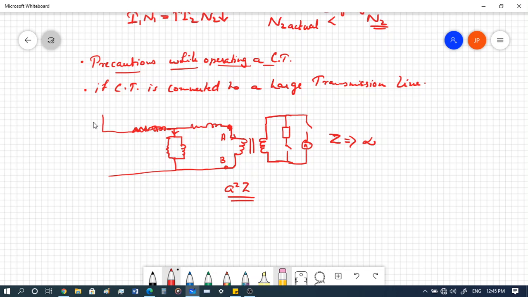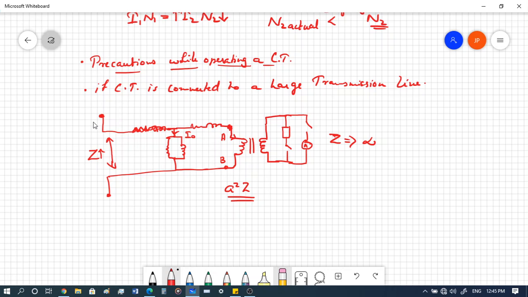And the magnetization current is over here, which is the I0. So in the transmission line, you will have a huge impedance due to the CT itself, which will load the transmission line, which is not desirable at any cost.